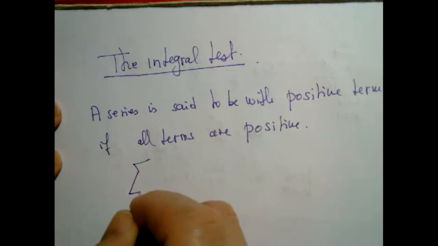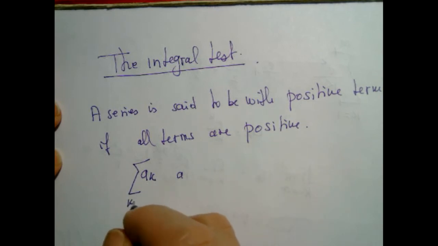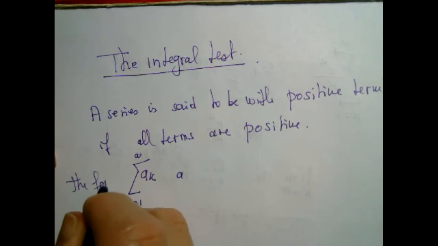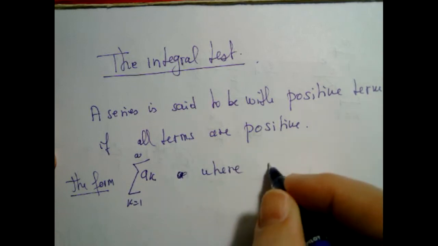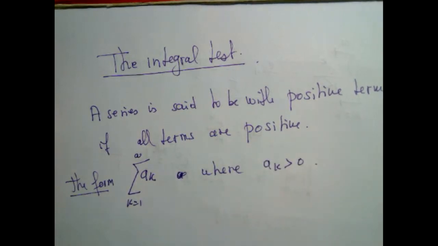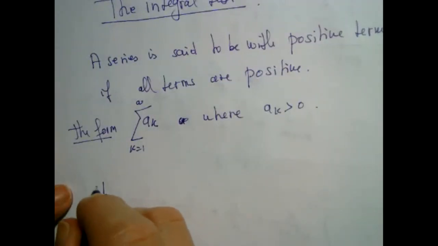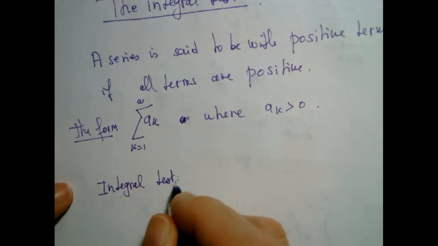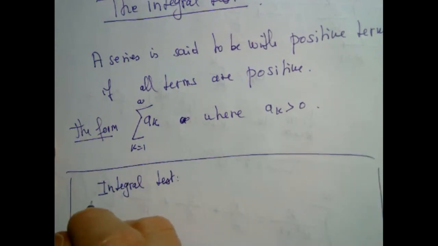So the form is sigma a_k where all the a_k are positive. That's what a series of positive terms means. We're not allowing alternating positive, negative, positive, negative. So now the integral test. I'm going to state it first. Tomorrow I'll prove it. Today I'll state it and give you an example.